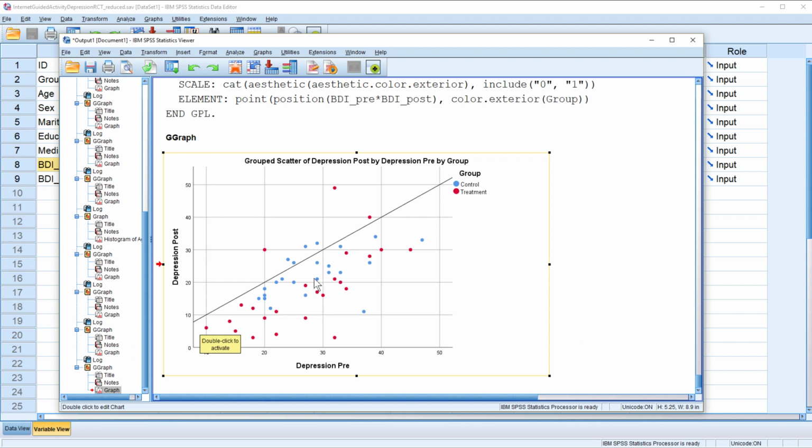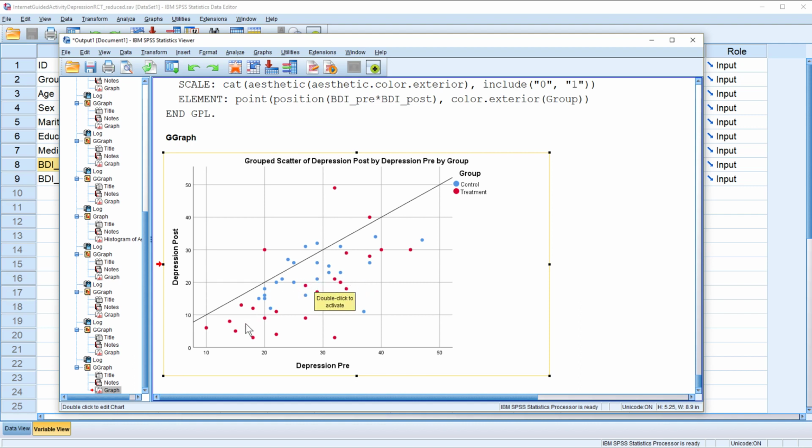So we can see that most people have decreased their depression score, but the treatment group seem to have decreased it more than the control group. And this is the reason that we have a control group, of course, because often just by participating in a study, something will change, or something will change just due to time elapsing or repeated testing or something else.